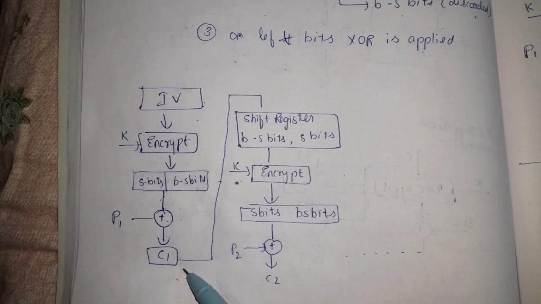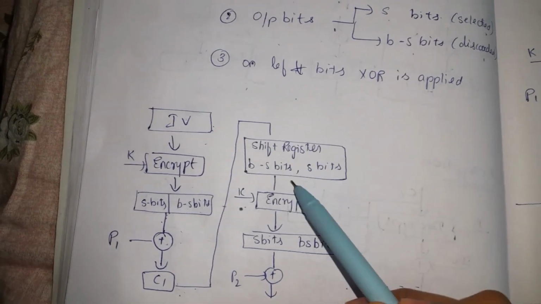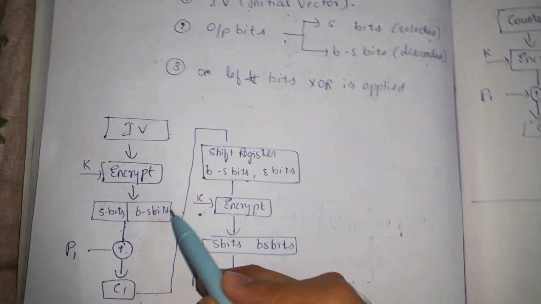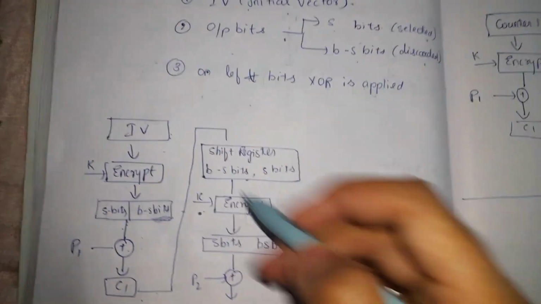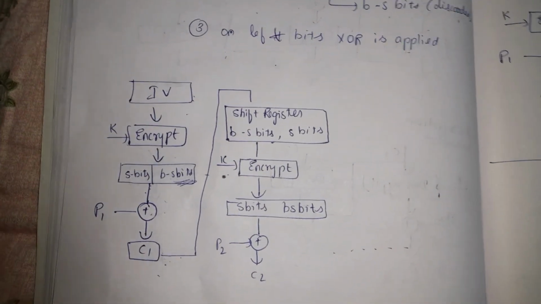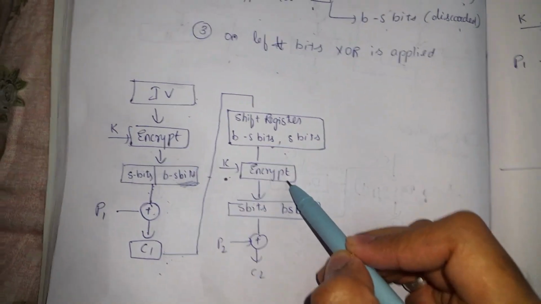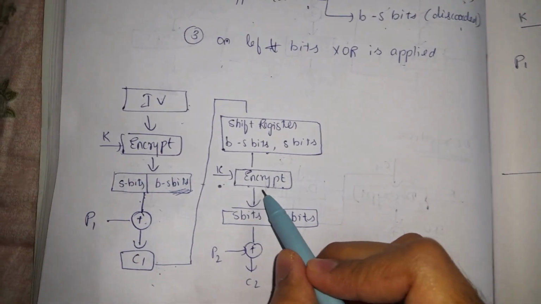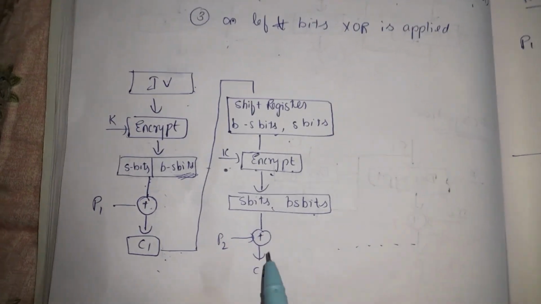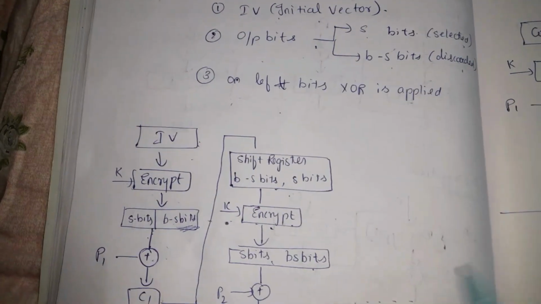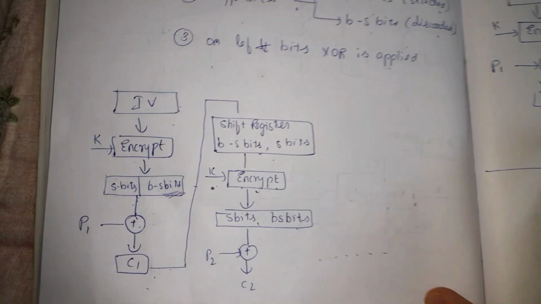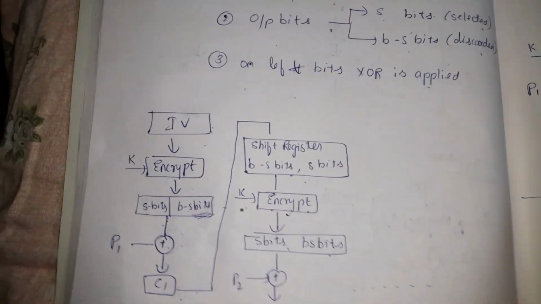Once we obtain this cipher text, we use it to perform the shift operation with the help of a shift register on the discarded bits to further encrypt our text. To make it more complex, we perform the shift operation. Then we further encrypt this to obtain a new set of selected bits and discarded bits. These steps are repeated for the next block and the next couple of rounds, and at the end of the rounds we obtain the cipher text.